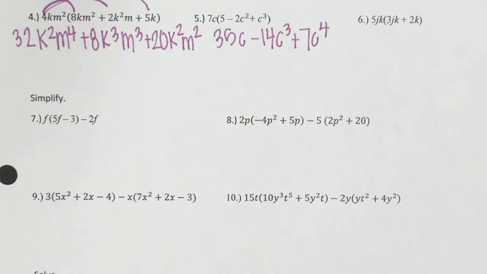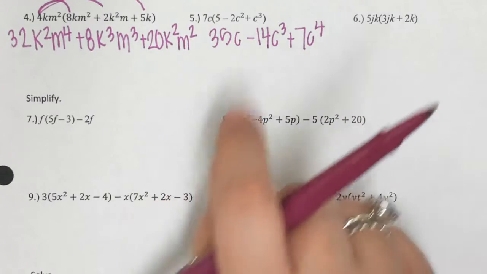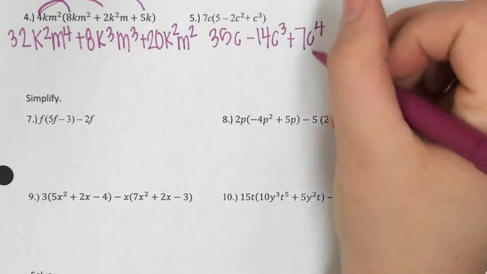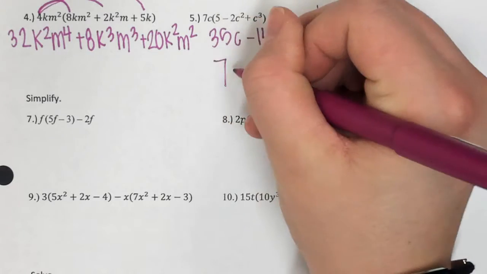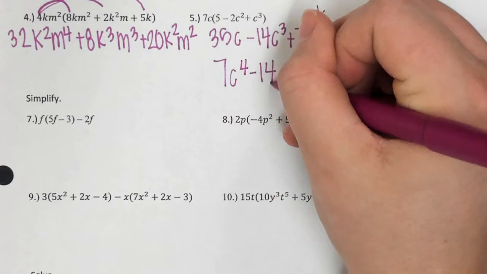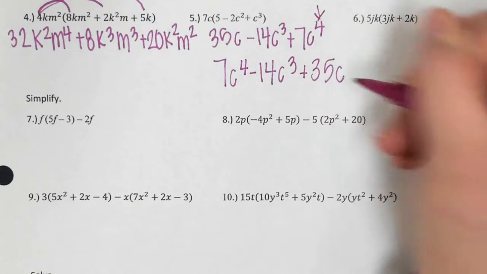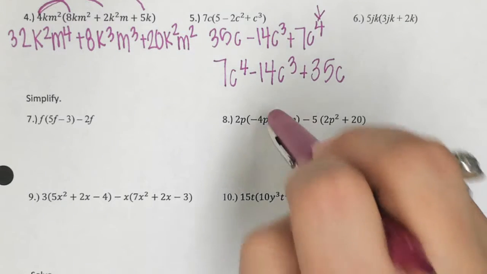Is that when you put the biggest exponent first? Yep. Standard form is when your exponents are in order from greatest to least. This one goes least to greatest, so I need to swap them around to where the highest degree is first. So really, my correct answer is 7C to the fourth minus 14C to the third plus 35C. Yes, I will count off points if it's not in standard form.